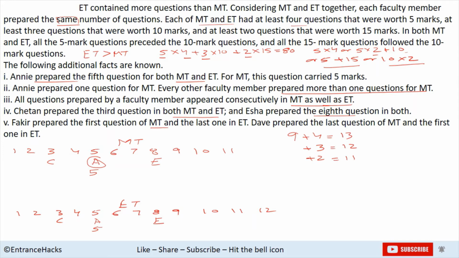Fakir prepared the 1st question of MT. This is Fakir's question. And the last one in ET, which could be the 12th or 13th question. I'm writing it here. Dewey prepared the last question of MT, it could be either the 11th or 12th, and the first one in ET.